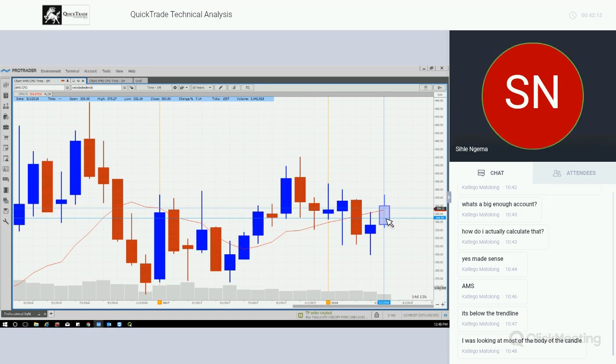No, the important thing is the close. If you check the close there, the close is 360. And the SMA value, if you check your top left corner, is 354.97. So which one is higher, the price or the SMA value? Which one is higher?